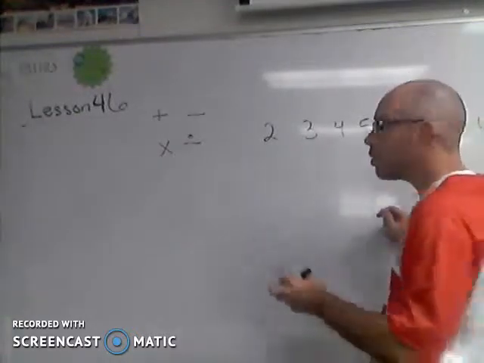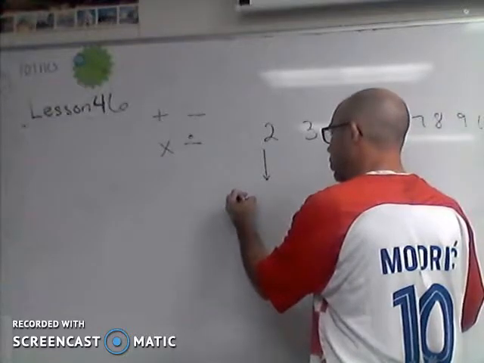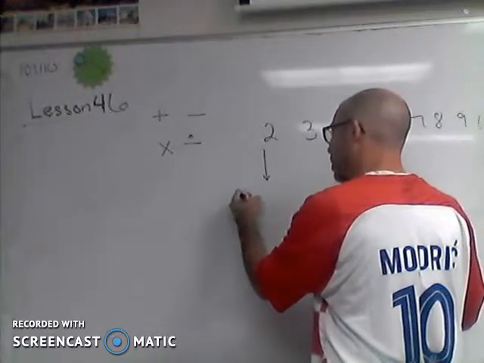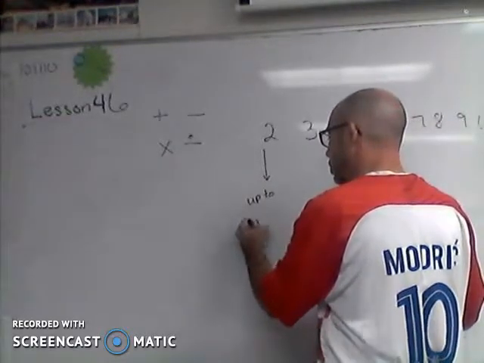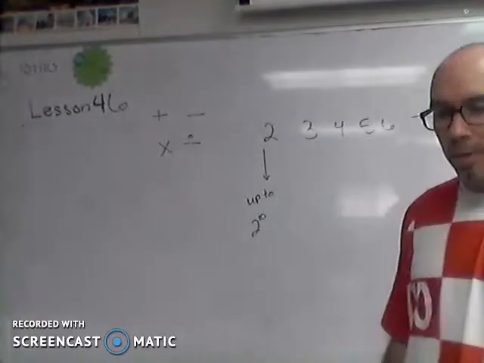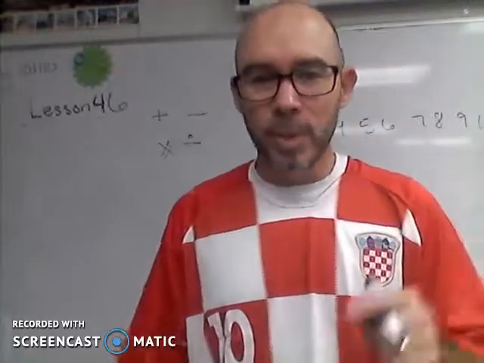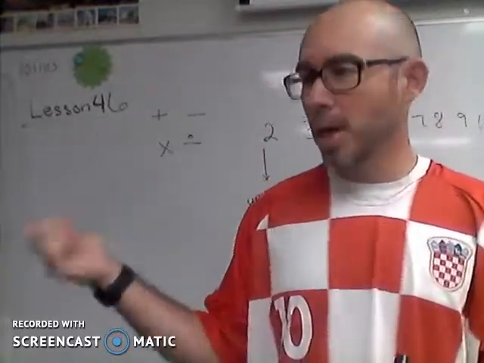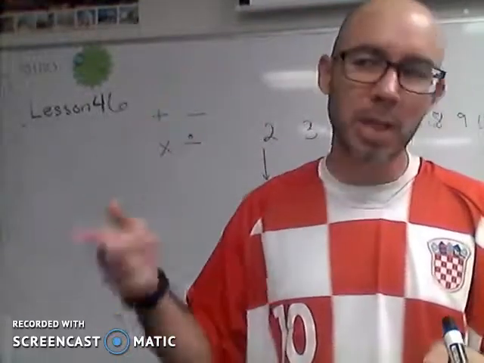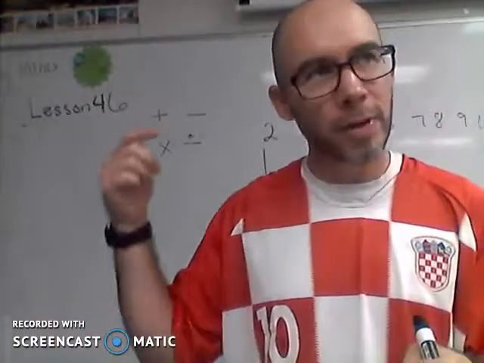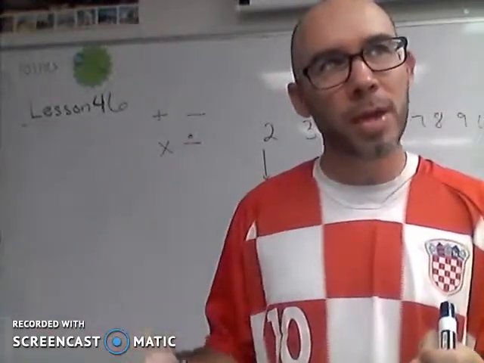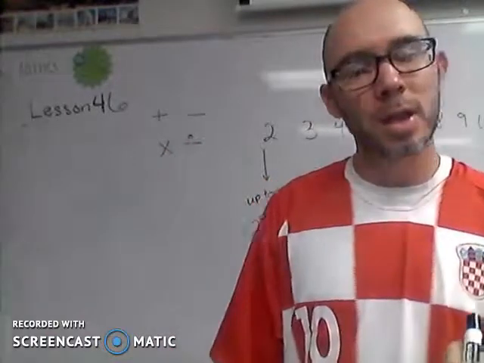I think for the 2s, you should know up to probably 2 to the 10. If you've ever played that game, 2048, it goes by powers of 2: 2, 4, 8, 16, 32, 64, 128, 256, 512, 1024, 2048.